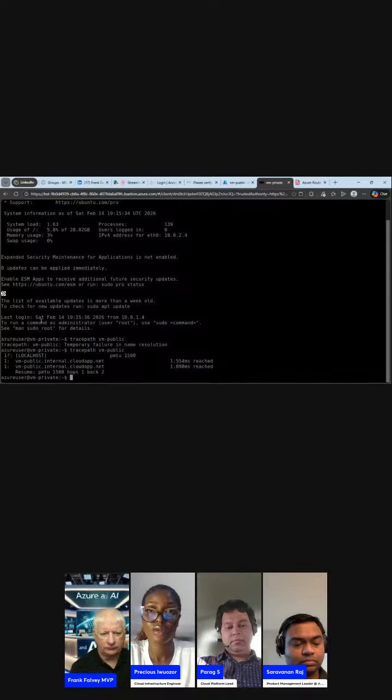The reason it was giving the temporary failure was because the VM I was trying to track was turned off. Now this is it. And if I go over to that VM and do the same thing, I'm still going to connect to this private virtual machine.